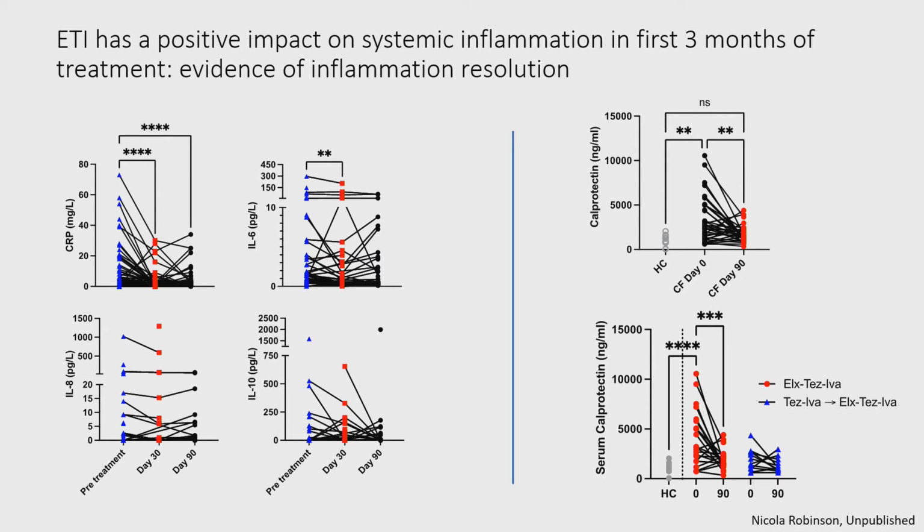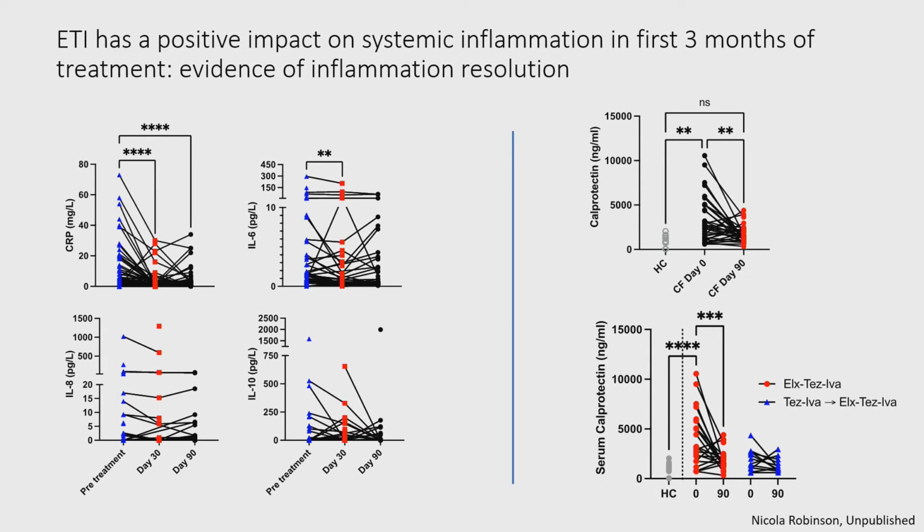And importantly, we see a decrease in a general marker of inflammation, CRP. We also see a decrease in IL-6, and this is at 1 month, which is sustained to 3 months, suggesting that we're seeing something quite specific in CF because we saw no significant change in markers such as IL-8 and IL-10.